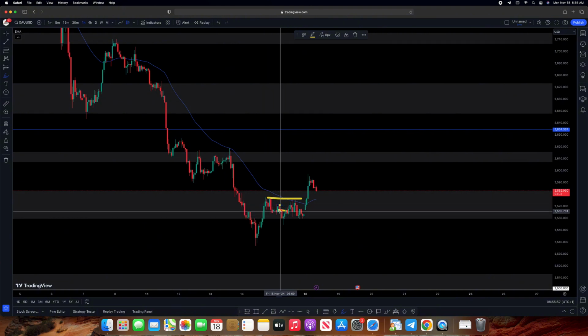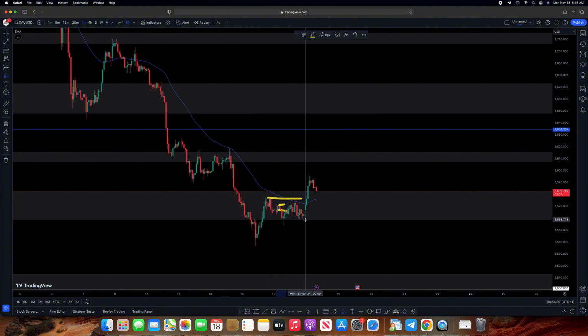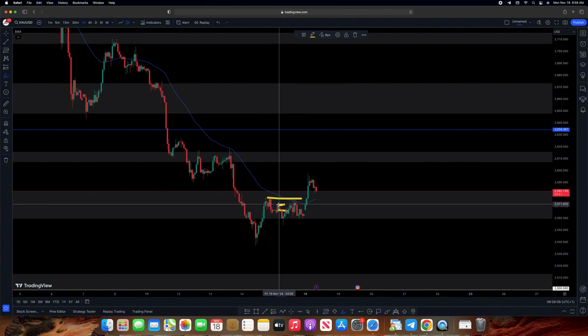So the first entry I took here, but thank God I didn't put much because I was really bothered that gold might take out this and respect this, which is what it did that Friday. So I lost some money here. It's not much because I didn't risk much. I lost the first entry I entered here.